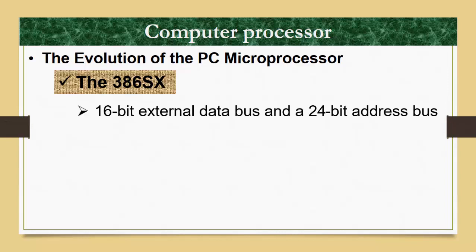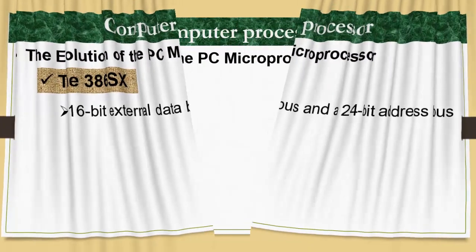The 386SX was released to fill a market need, which was a lower priced processor with the power of the 386DX at the cost of the 286.